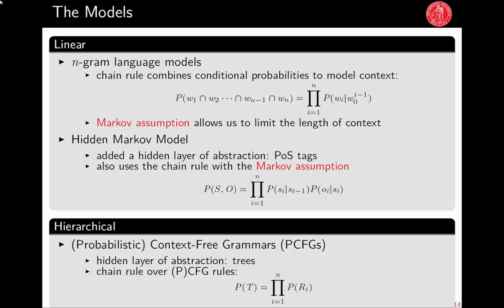And in the linear models, we have the Markov assumption. These are Markov chain models. Also in the PCFG modeling approach, we have a strong independence assumption because the context-free grammar assumes that in any context where an NP is called for, I can use any of the rules, that is any of the subtrees rooted in NP that the grammar can generate for me. That is also a very strong independence assumption, just like the Markov assumption. All right.